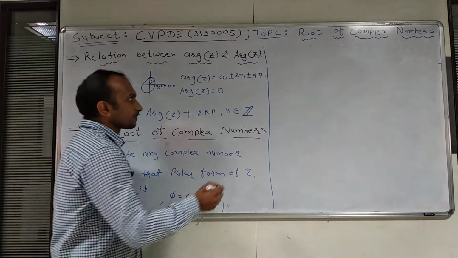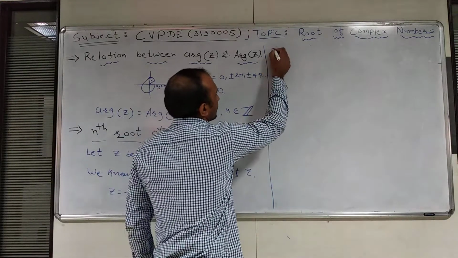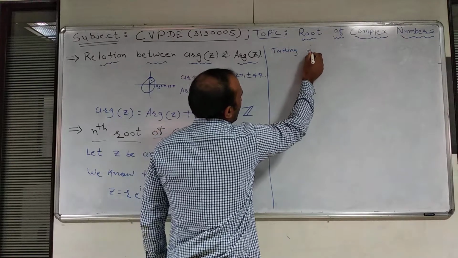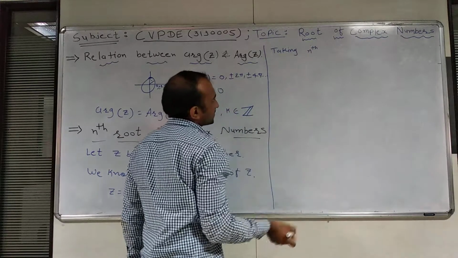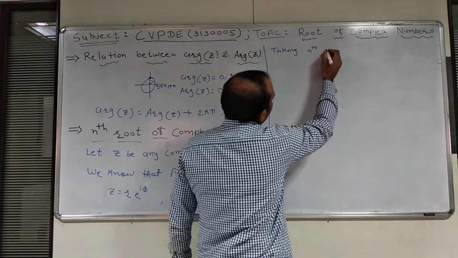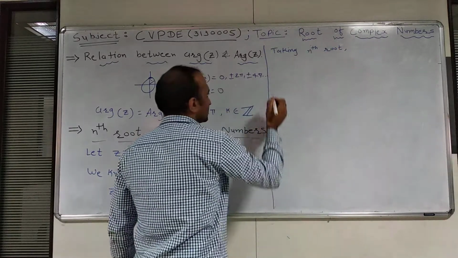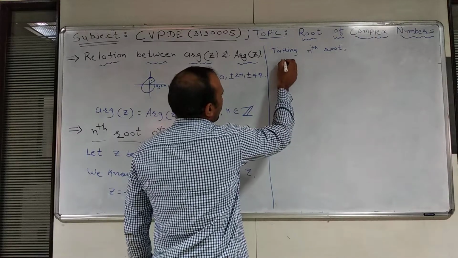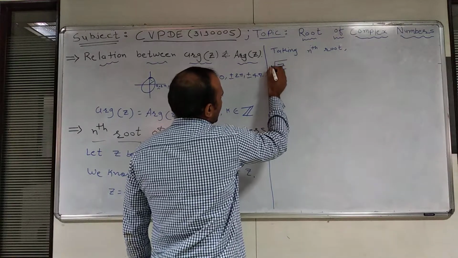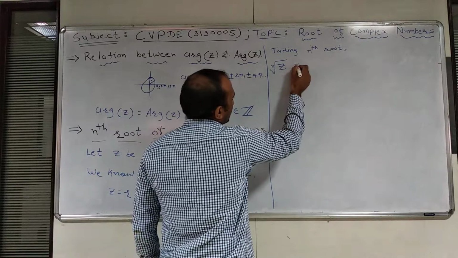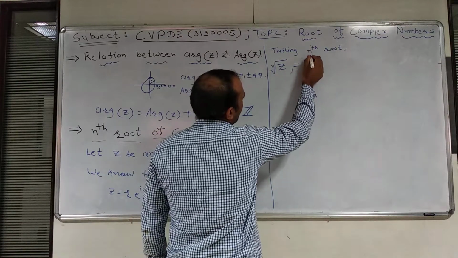Now taking the nth root, because our requirement is the nth root. The nth root of Z is the same as Z raised to 1 upon n.